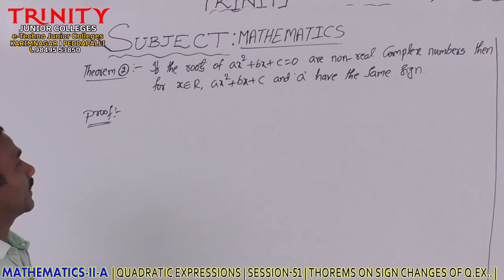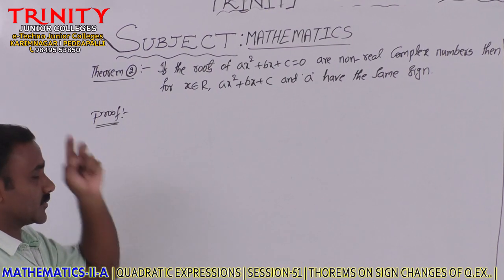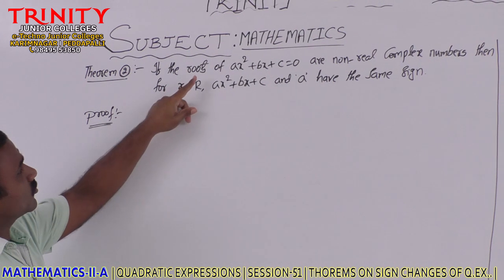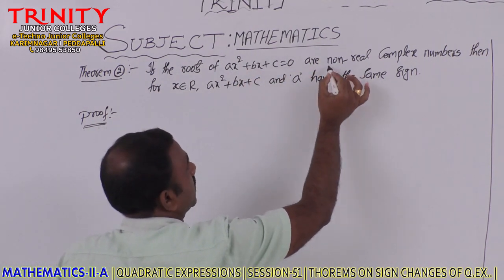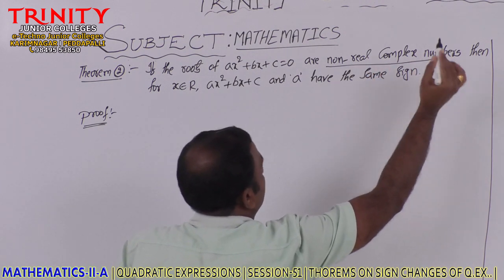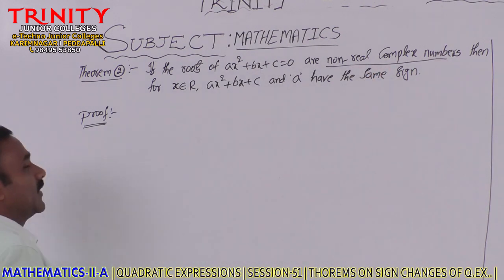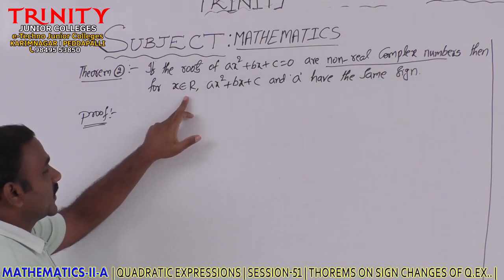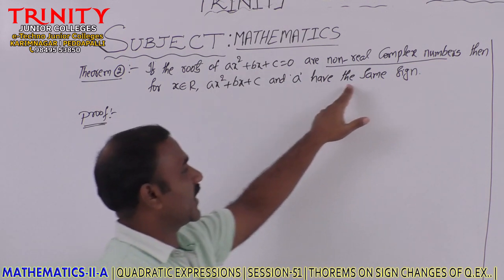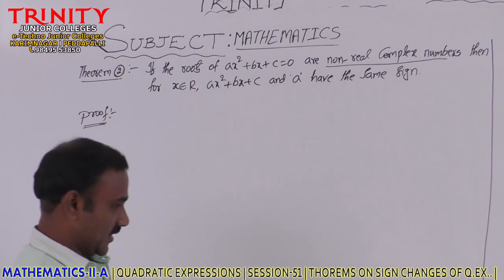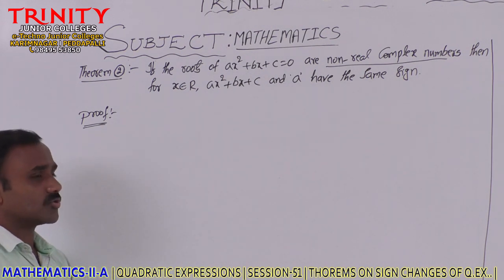Second theorem, based on signs of the quadratic expression. If the roots of ax square plus bx plus c equal to 0 are non-real complex numbers, then for all real numbers ax square plus bx plus c and a have the same sign. See, here we will get a doubt.